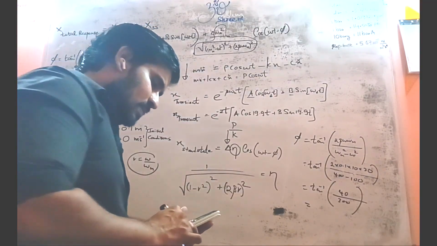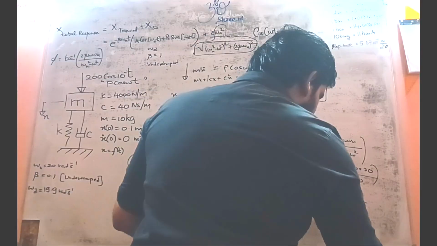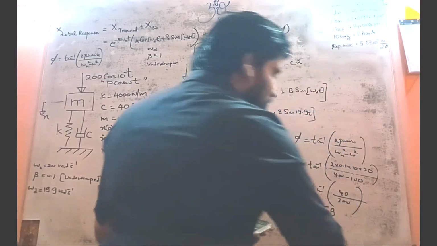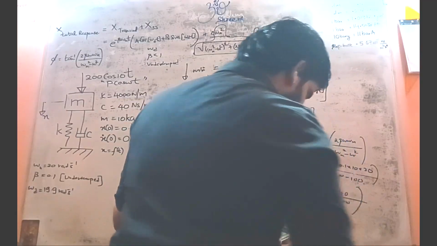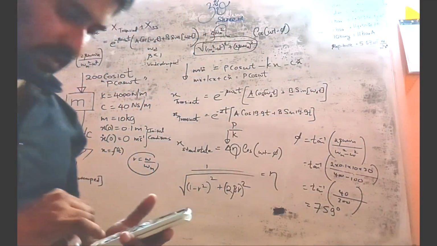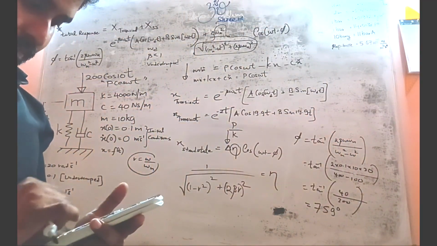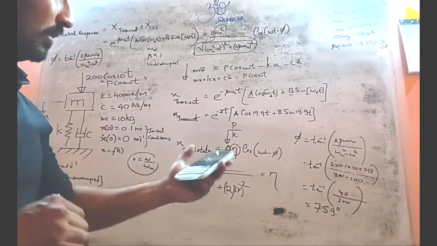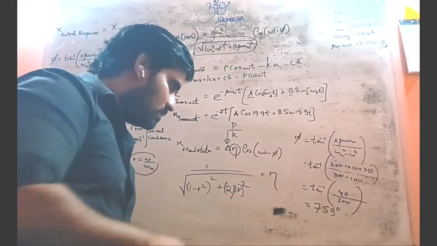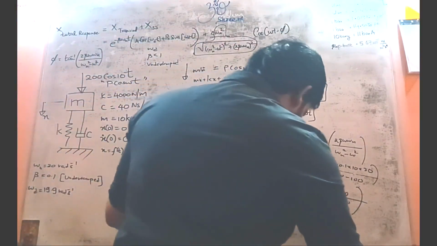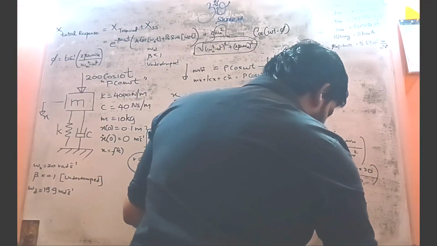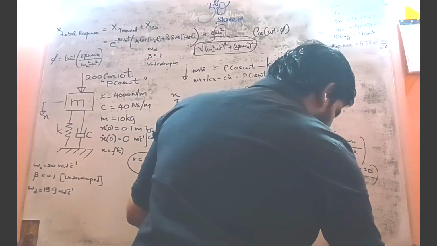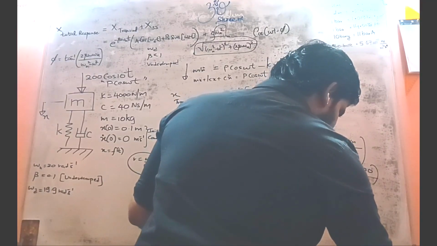That gives 7.594, so I'll say 7.59, but be very careful: this 7.59 is in degrees. I need to keep this value in radians, so the radian value will be 0.1325 radians.